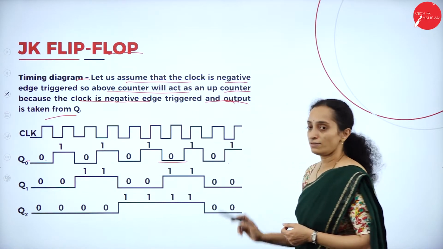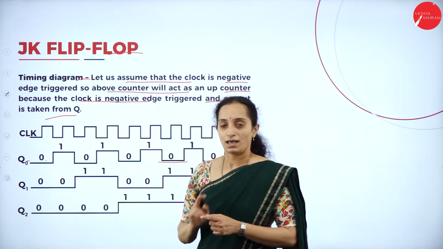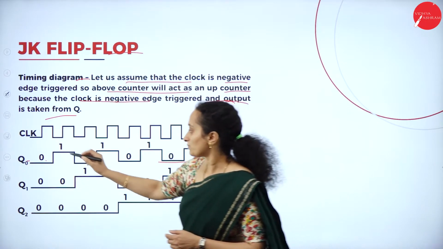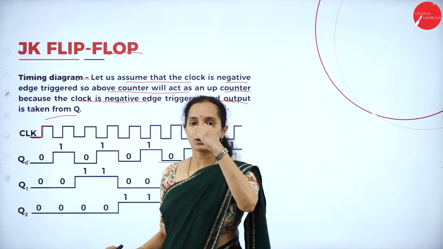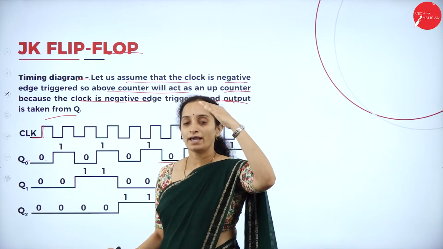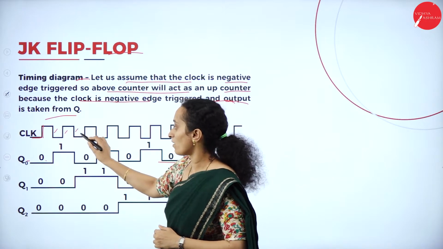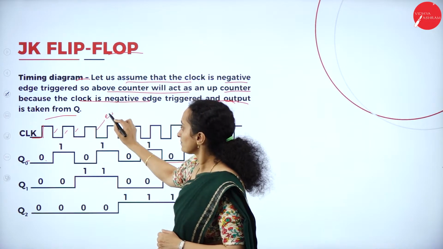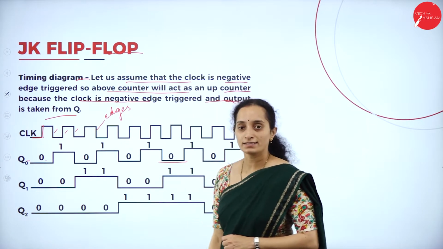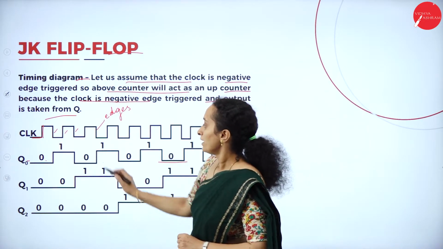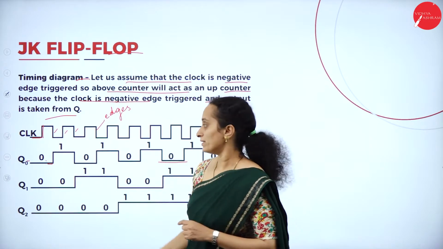It is 1 pulse for 1 edge. Changing the state from high to low or low to high, each is called an edge.